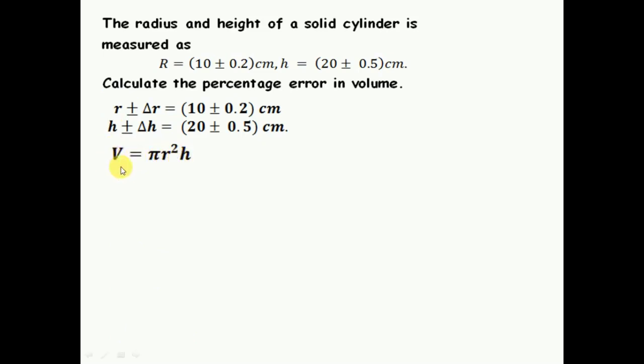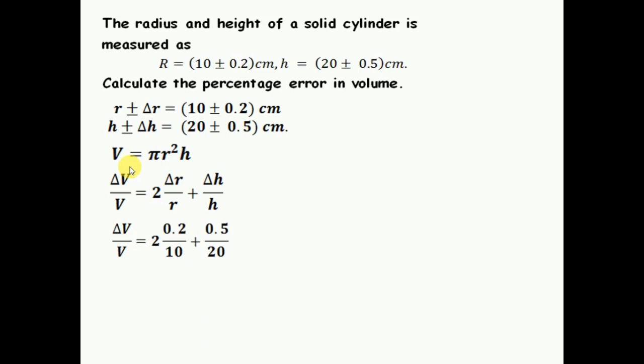Let's find the relative error in V. So delta V by V is equal to, you can see there is multiplication of R and H, so I can write delta R by R plus delta H by H. The power with R is 2, so I'll multiply this with 2. I'll just ignore the constant because constants do not have any error.